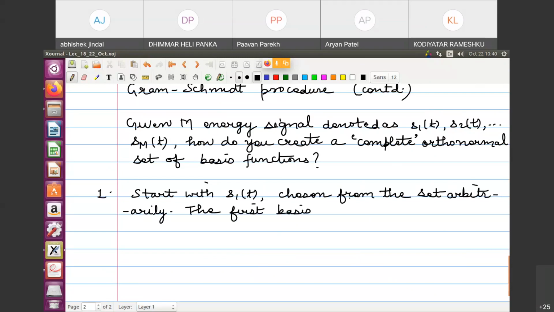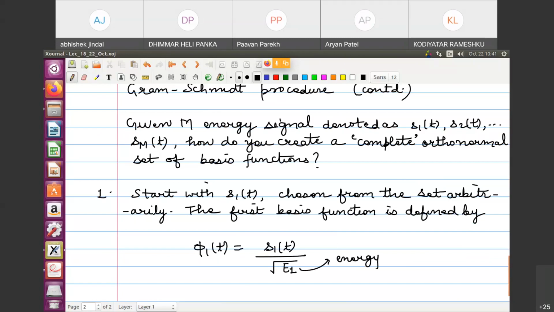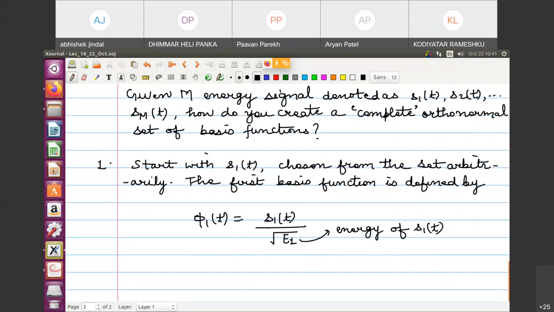The first basis function is defined by phi 1(t) equal to S1(t) divided by root of E1. What is E1? That is the energy of S1(t). Now what does this mean? Phi 1(t) has a unit norm.